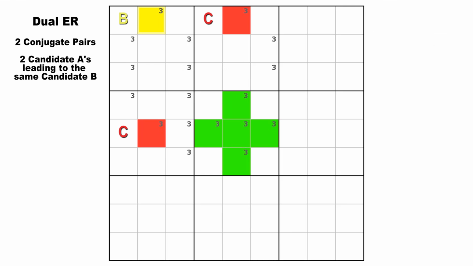Another way to prove this is because that's a conjugate pair in row 1 and a conjugate pair in column 2. If the 3 in the yellow cell is false, then both of those 3's in the red cells would have to be true, right? So watch what happens in block 5 when I enter those two candidate 3's as the solutions to those two cells.